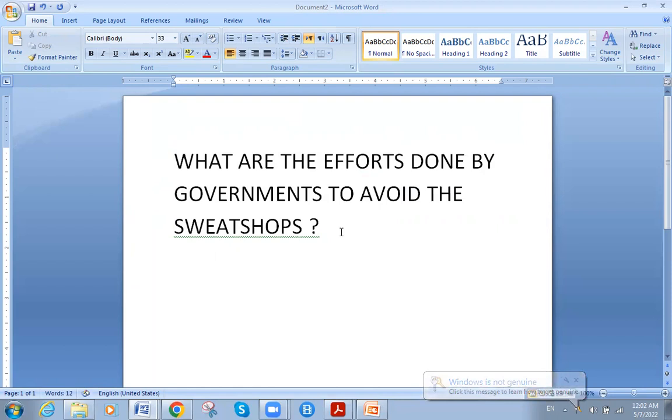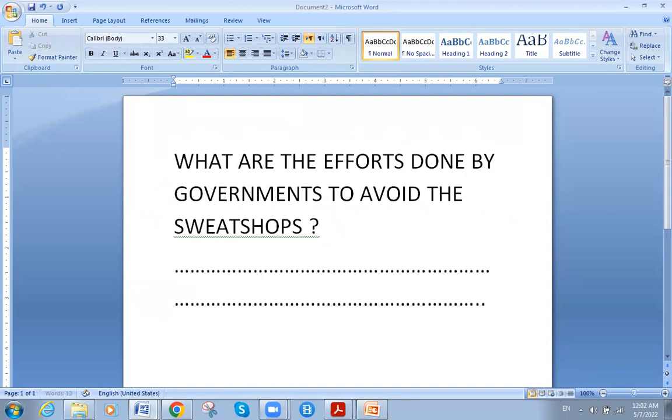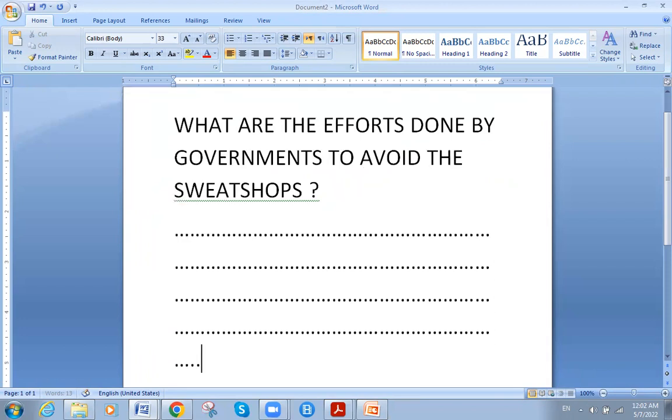the sweatshops? We know the sweatshops are the companies which are poor in their health rules or standards, poor in treating the workers in a fair way, poor in their pay.